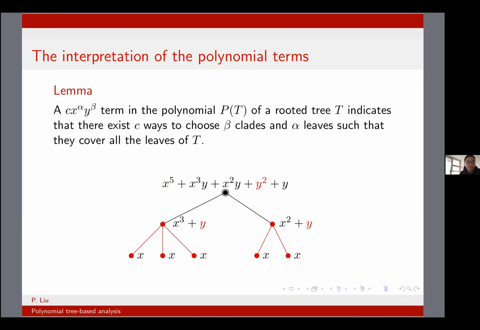And we can choose the x squared y term. That means we pick a y on the left and x squared on the right clade. It can actually be proved that each term corresponds to a choice of such combination of clades and leaves.